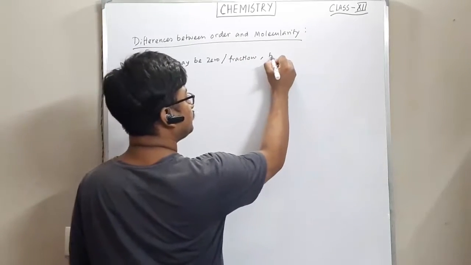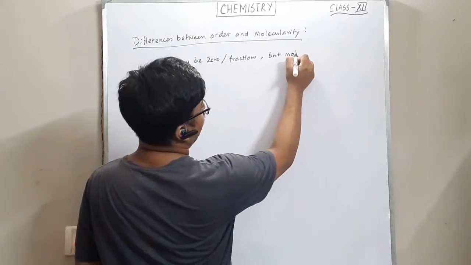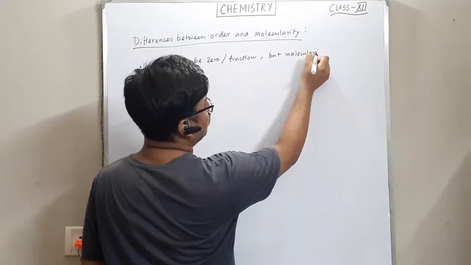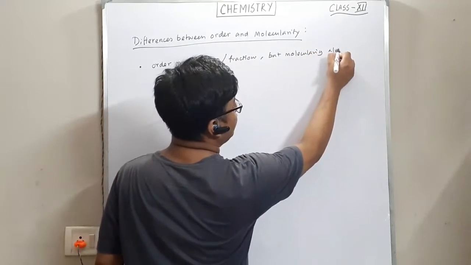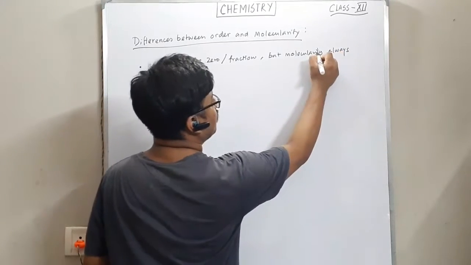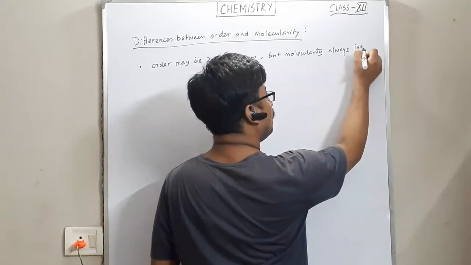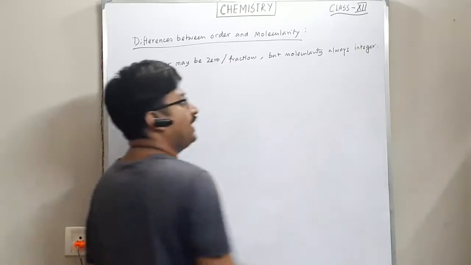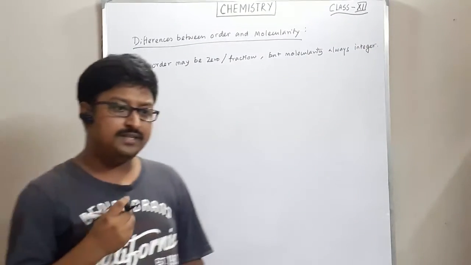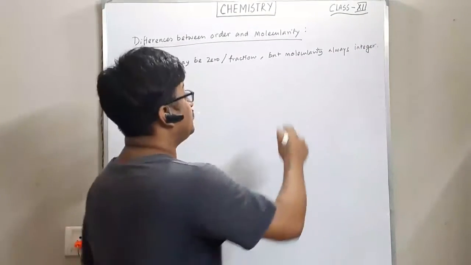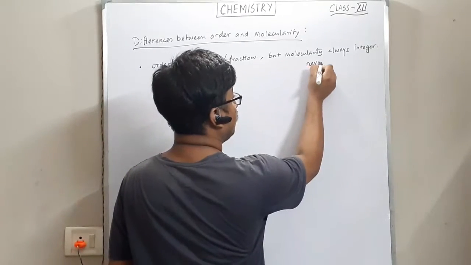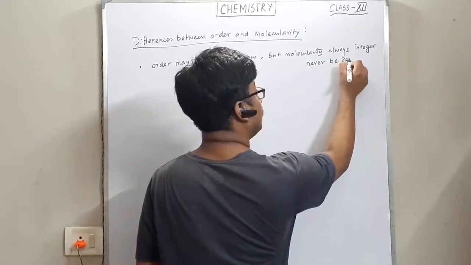But molecularity is always an integer. Molecularity is always an integer. Why? Because it is basically defined and can never be zero.